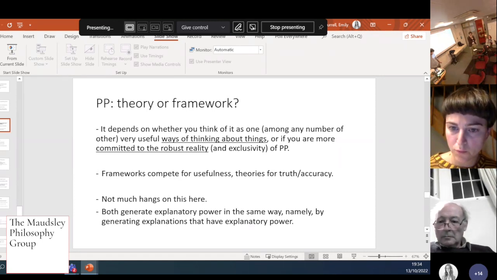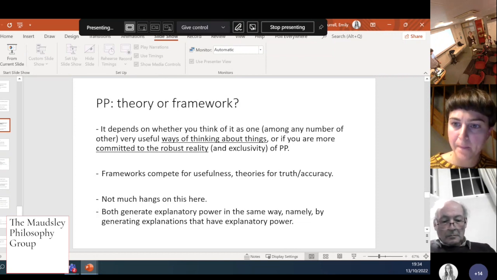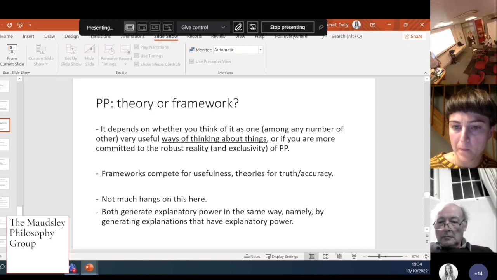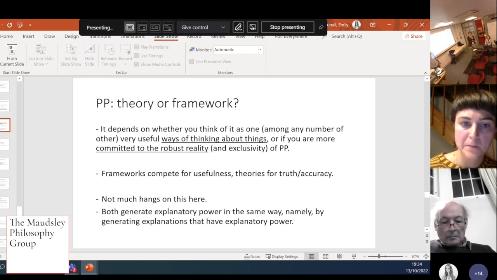The question becomes really, what is the point of this framework? Is the point that we subdue phenomena to this framework because it has some clinical utility, or does it actually have explanatory power as such? Yeah, no, I see what you mean now. Thank you.